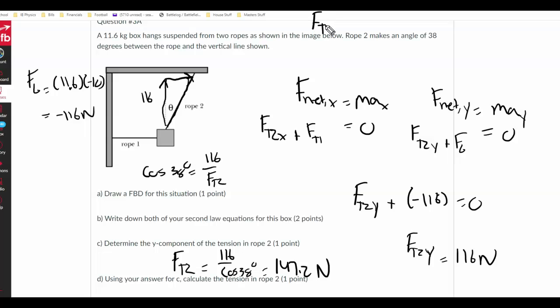Okay, so Ft2x would be 147.2 times sine of 38 degrees. 147.2 sine 38. That gets me 90.6 newtons. And so 90.6 newtons plus Ft1 equals 0. So Ft1 is negative 90.6 newtons.